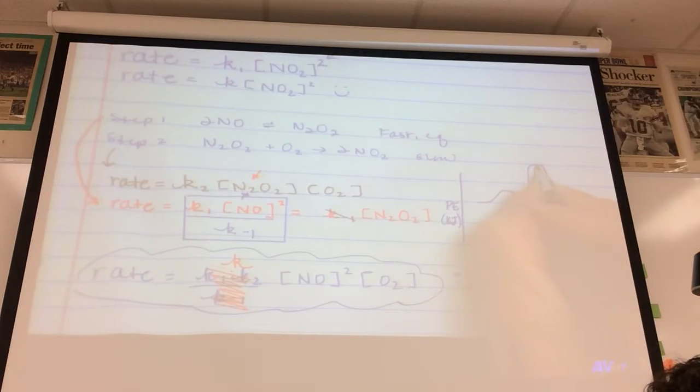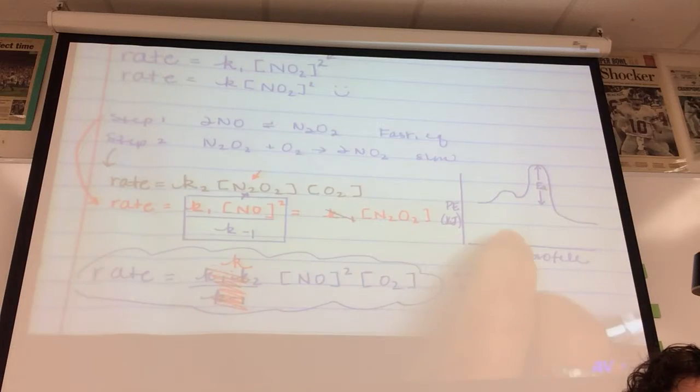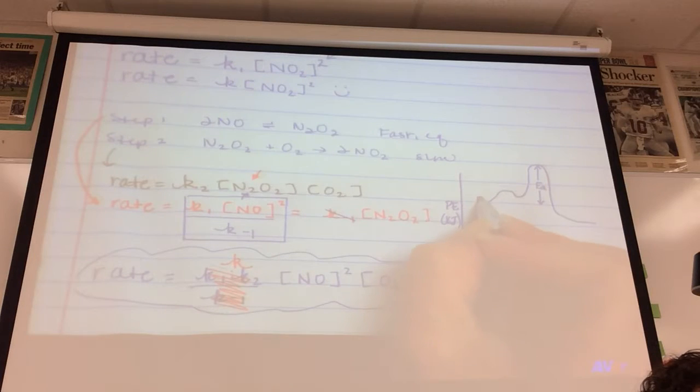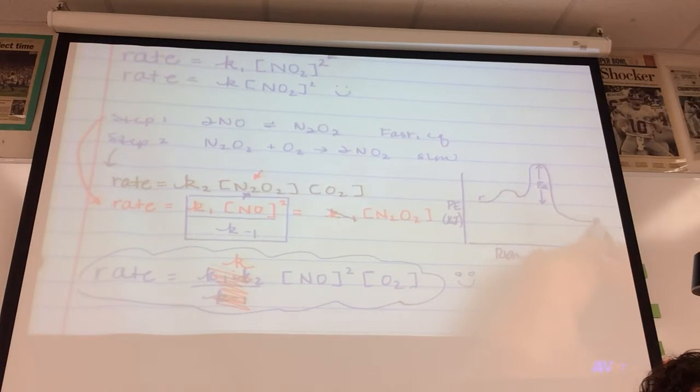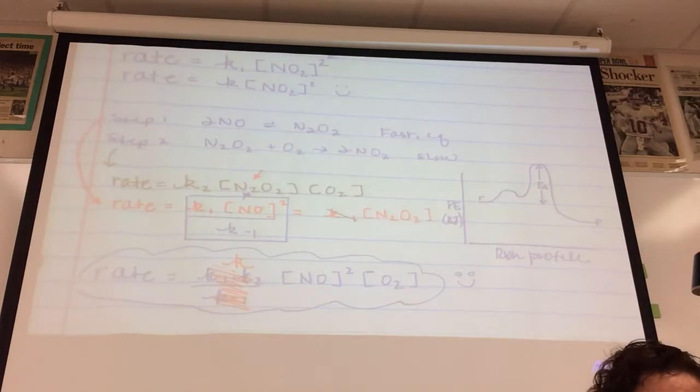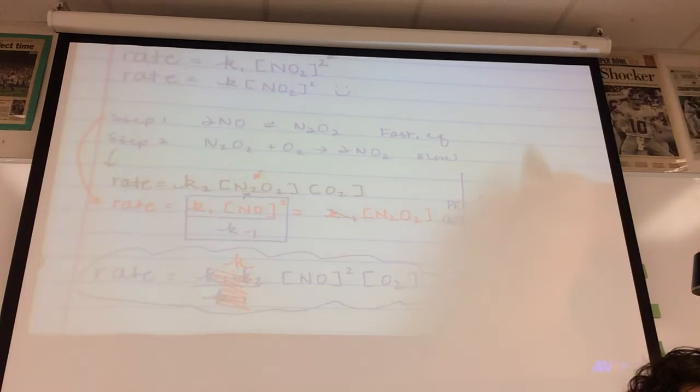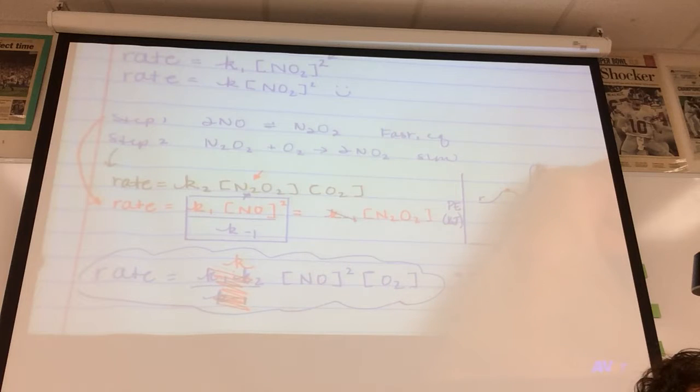If they ask you to label the activation energy of the slow step, again, you're going from reactant to the tippy top of the higher curve. The other thing you want to be comfortable with is this is going to be transition state 1. This will be transition state 2.